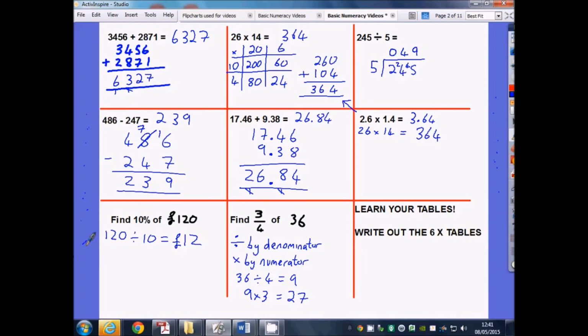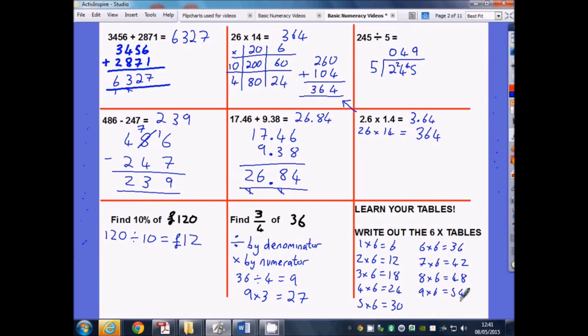I'd recommend writing it as 1 times 6 is 6, 2 times 6 is 12, 3 times 6 is 18, 4 times 6 is 24, 5 times 6 is 30, 6 times 6 is 36, 7 times 6 is 42, 8 times 6 is 48, 9 times 6 is 54, 10 times 6 is 60.